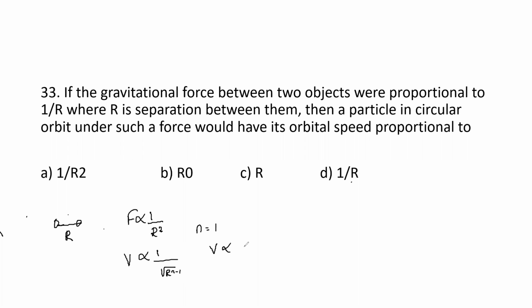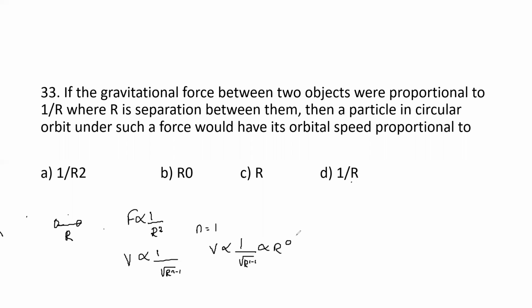Therefore, V is proportional to 1 divided by r raised to 1 minus 1. So 1 minus 1 is 0, and 1 divided by r raised to 0 simplifies to r to the power of 0.